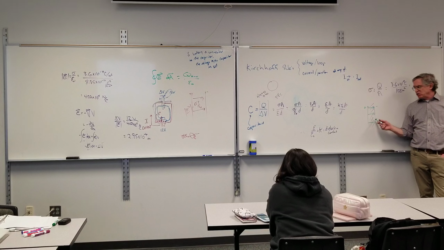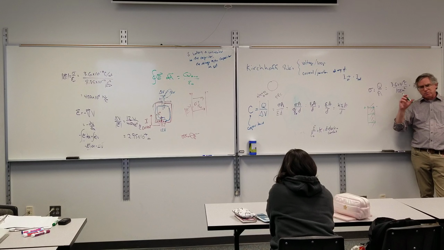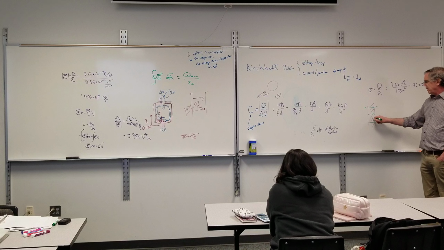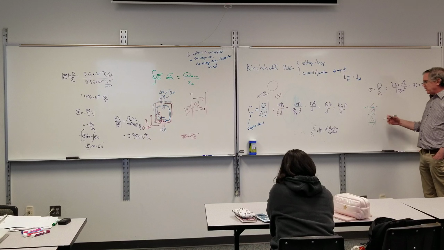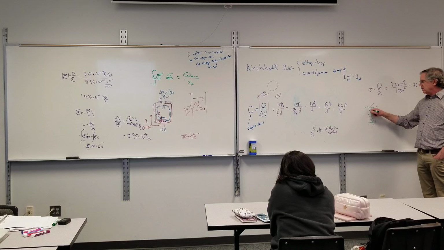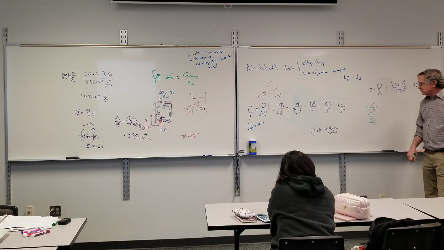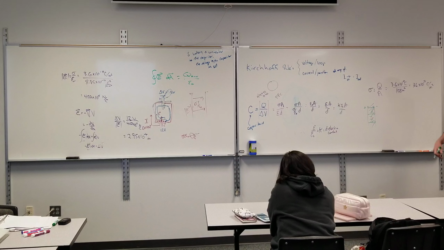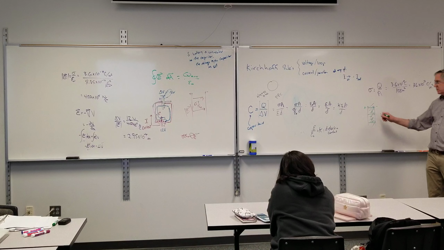I'm not gonna have charges really moving, they're gonna shift their orientation. If I have an electric field going this way, it's gonna pull the electrons in that direction, so I'm gonna have a whole bunch of little tiny electric fields going in the opposite direction.